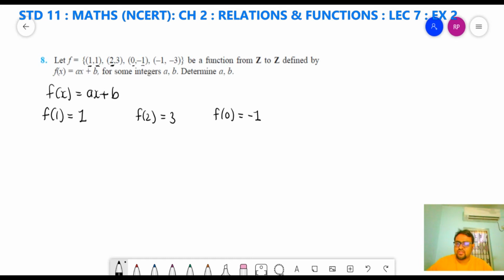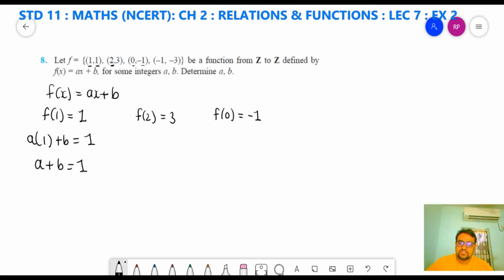Now what is the function given? f(x) equals ax plus b. So here it is f(1). Instead of x, I would put 1: a times 1 plus b equals 1. That means a plus b is equal to 1.